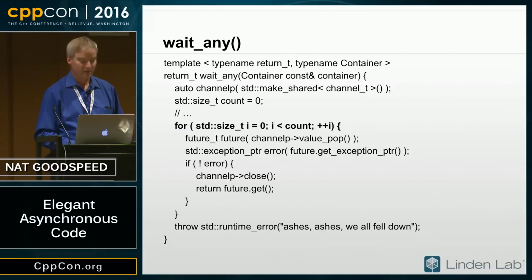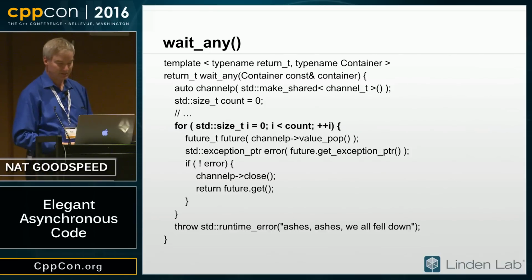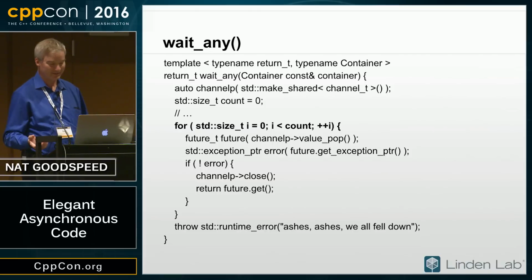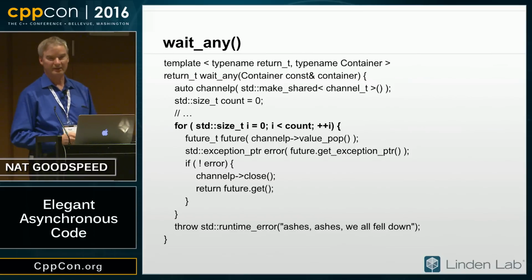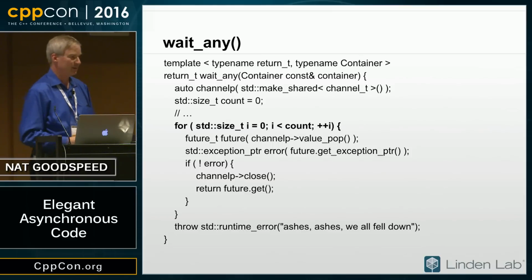Now for Act 2. We're going to loop at most count times. Why is that important? Because if every single one of count functions throws an exception, we could find ourselves trying to consume a value from a channel that has no more producers. That would turn wait any into wait forever.